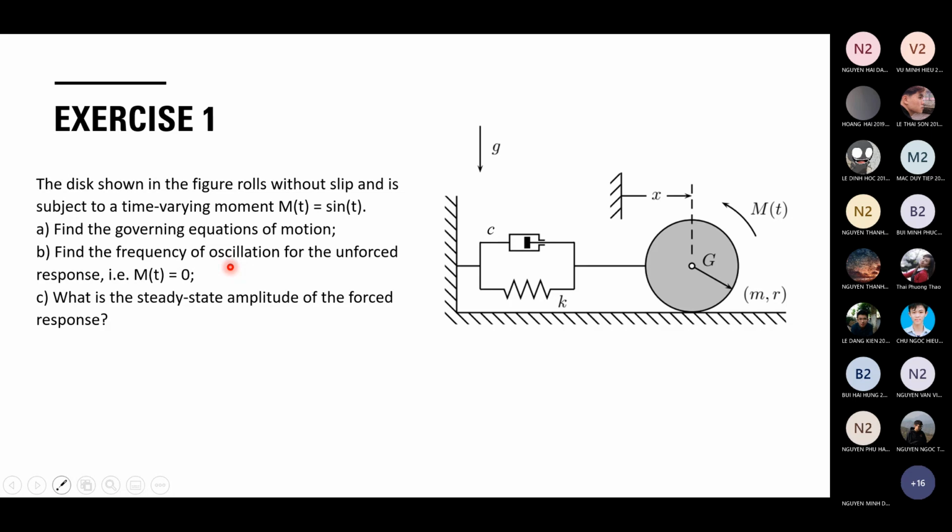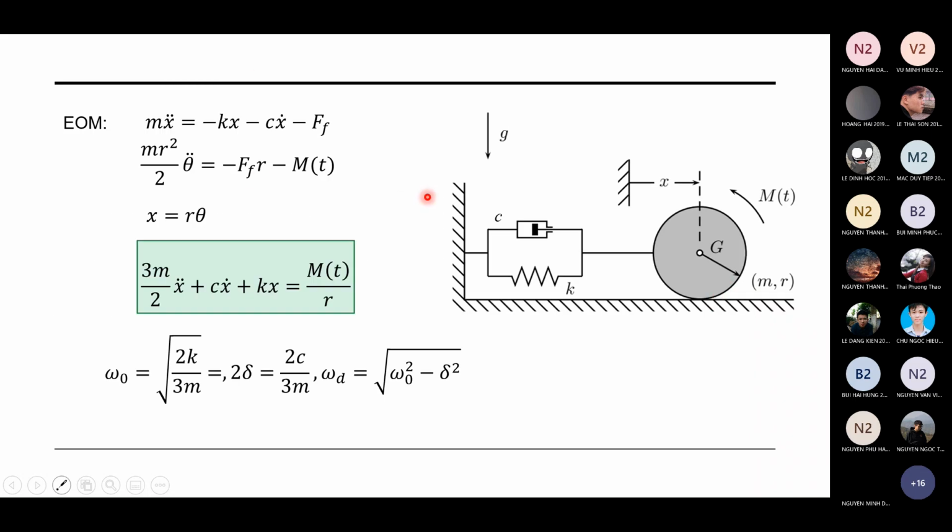Okay, so let's correct this exercise. In this exercise we will derive the equation of motion, because you can see that this one is in planar motion. So when we write the equation of motion, there are two equations of motion for this disk. The first one is for the translation motion: m x double dot equals minus k x minus c x dot.